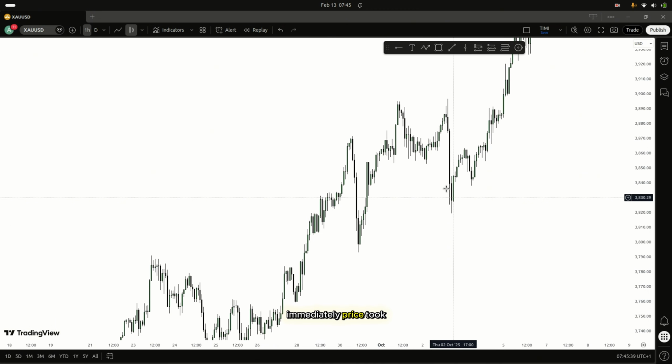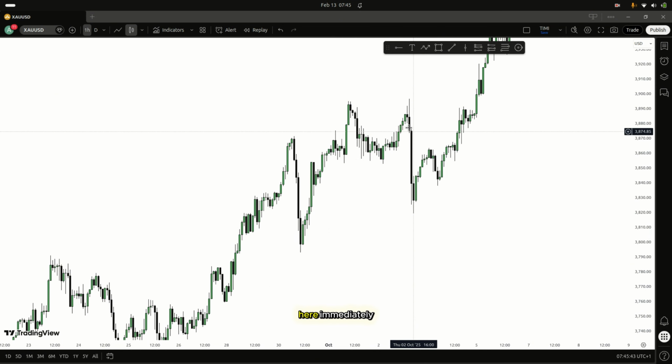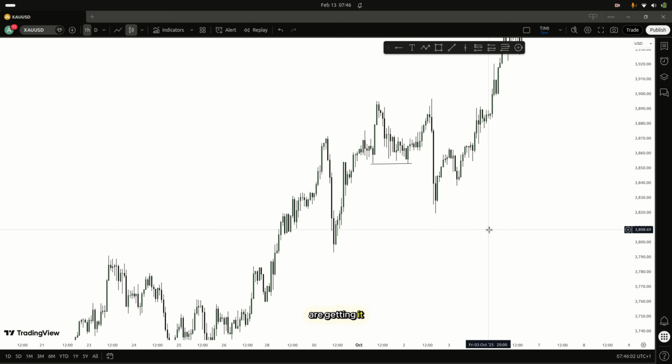Immediately this candlestick here took out all of these lows. As you can see, there were lots of lows right here. A double break of structure just occurred right there. I hope you are getting it.